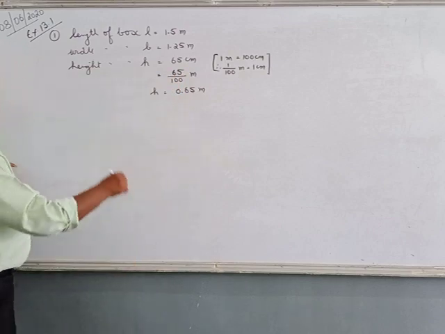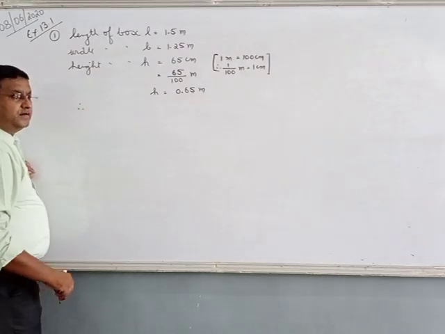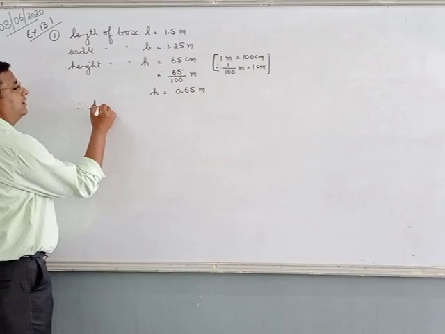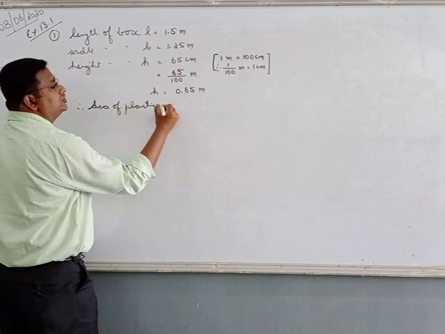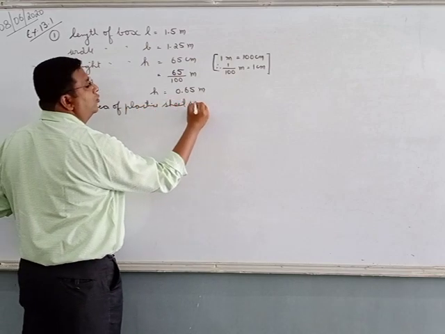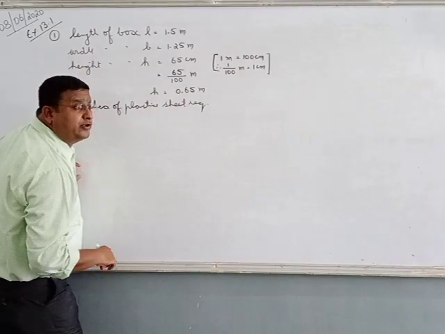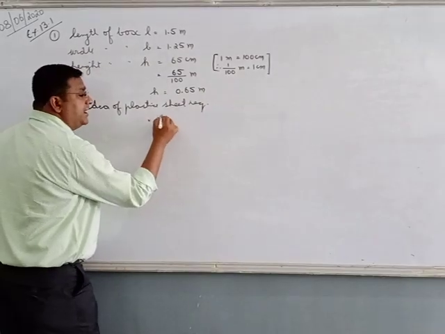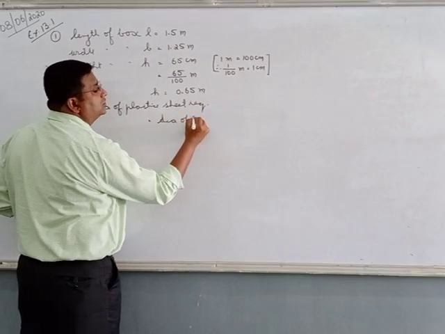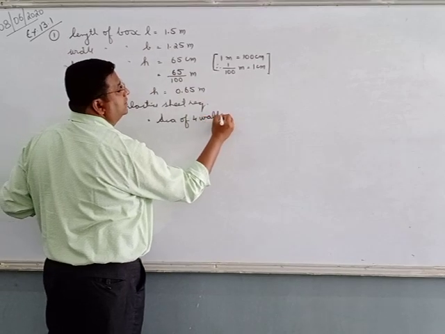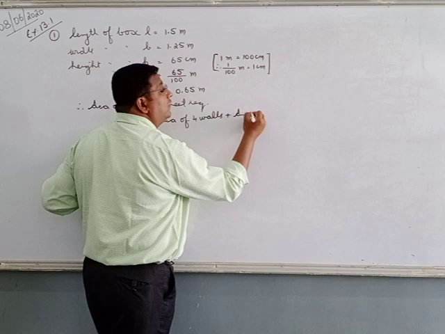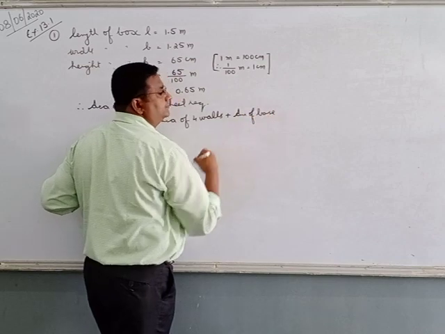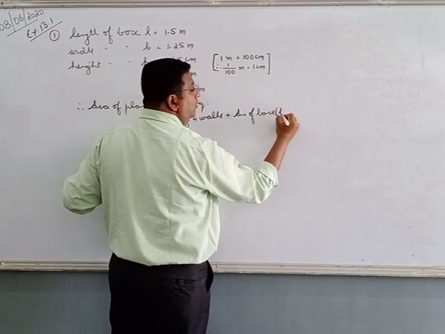Now he says area of plastic sheet required. Where are we going to use it? First, area of 4 walls, because it is going to be at 4 walls, plus the area of base, that is the floor.